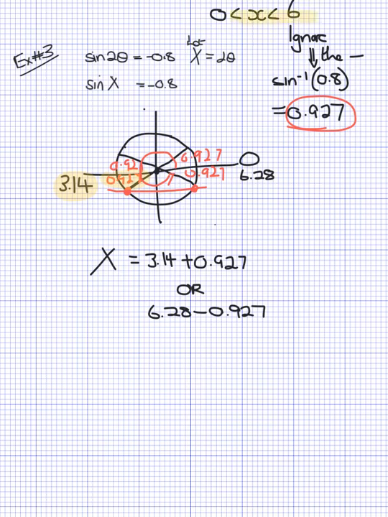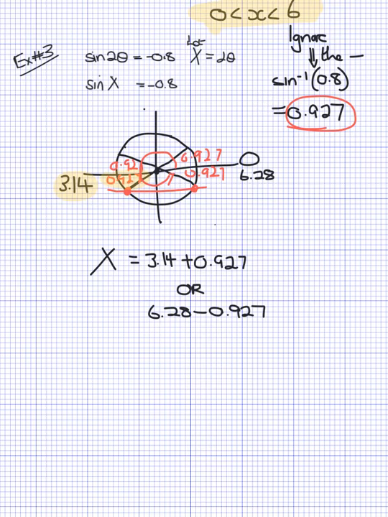We've got a condition that 0 has to be less than x, which is less than 6. So yes, you're absolutely right. Normally we would add k 2 pi to this, but because we've got that condition in there, we know we don't need to in this case, because we know we're not going to get a number bigger than 6.28.